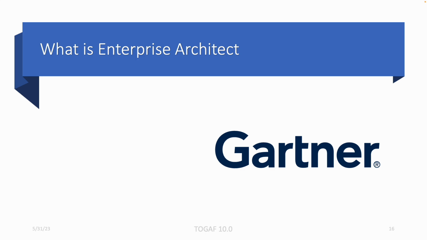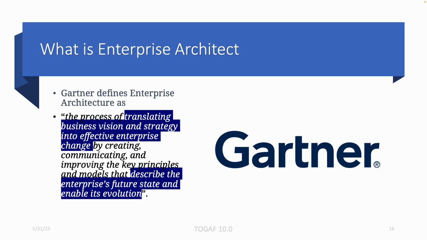Let's explore now how Gartner defines enterprise architecture and how it contributes to effective enterprise change. According to Gartner, enterprise architecture is defined as the process of translating the business vision and strategy into effective enterprise change by creating, communicating, and improving the key principles and models that describe the enterprise future state and enable its evolution.